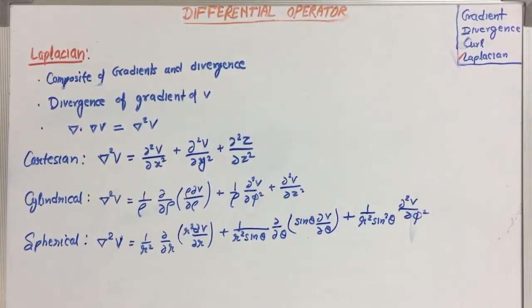So this is the full formula in the case of Cartesian, cylindrical and spherical coordinates for the Laplacian of any scalar field.